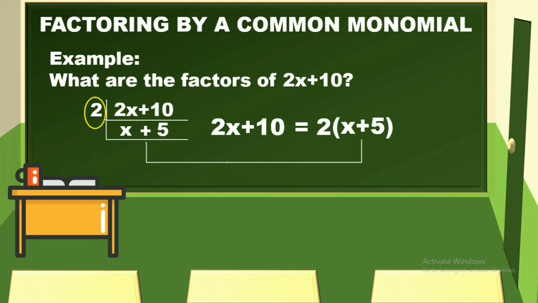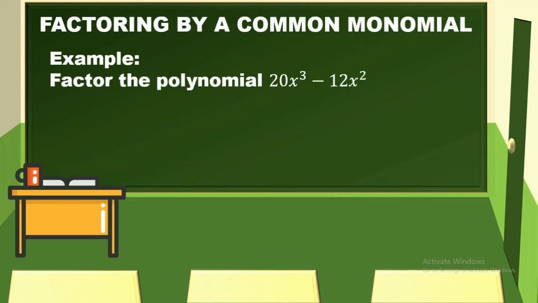By using parentheses, so we have 2 times the quantity of x plus 5. So that is the factors, or these are the factors of 2x plus 10. Get it? 2x plus 10 is equal to 2 times the quantity of x plus 5. Now let us proceed.